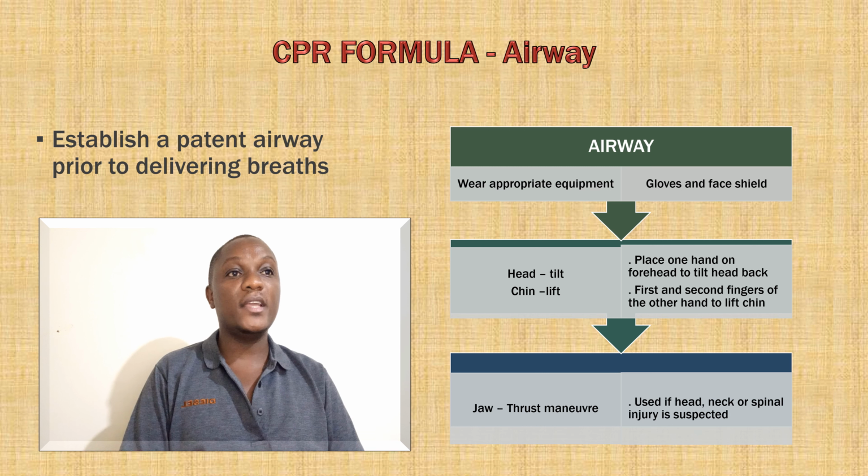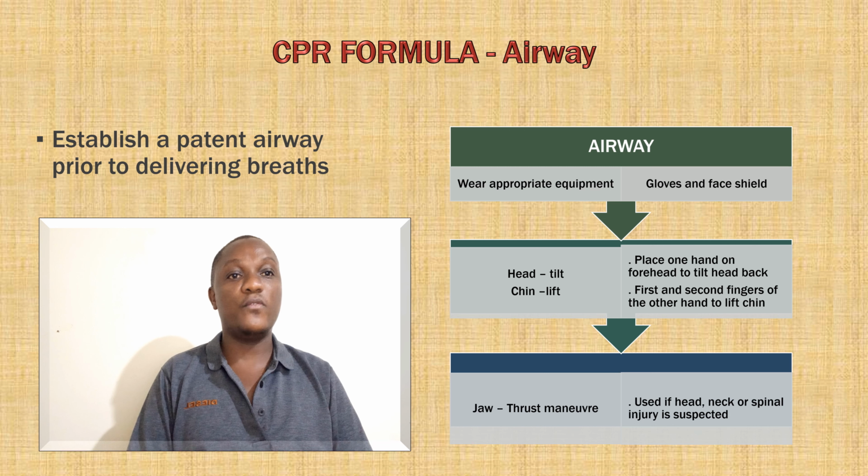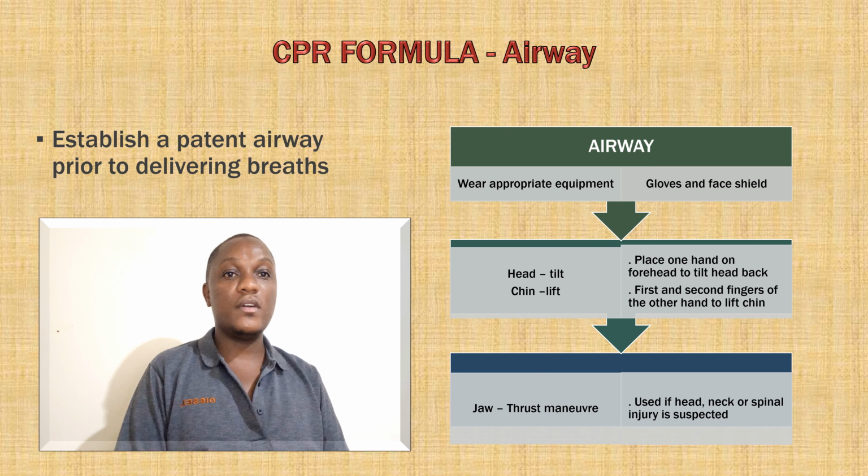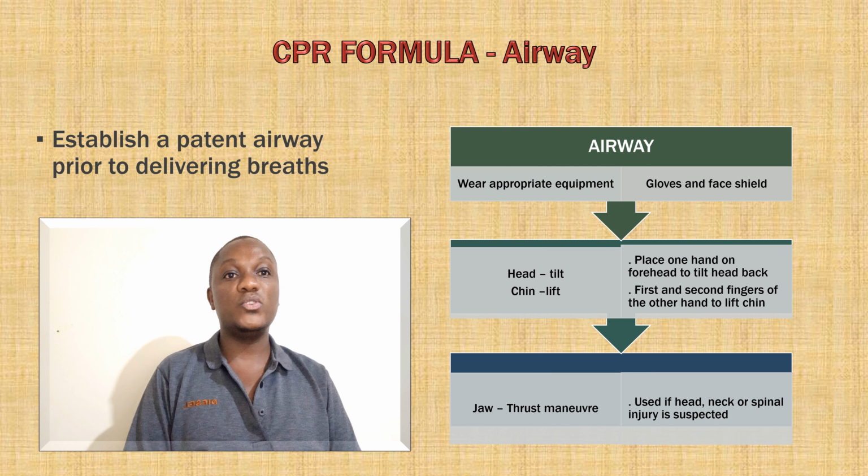This one you place one hand on forehead to tilt the head back. Then the chin lift. First and second fingers of the other hand are used to lift the chin. There is another maneuver called jaw thrust maneuver. This one is used if head, neck, or spinal injury is suspected.